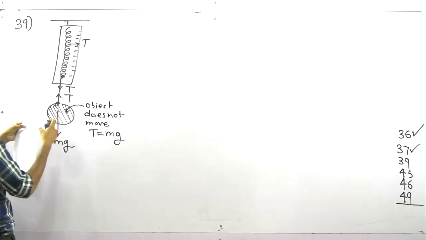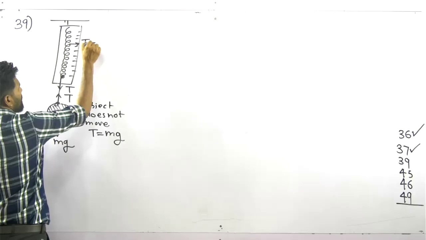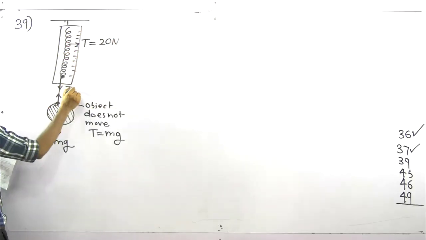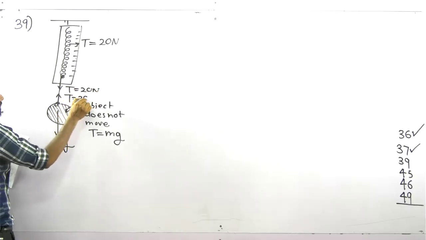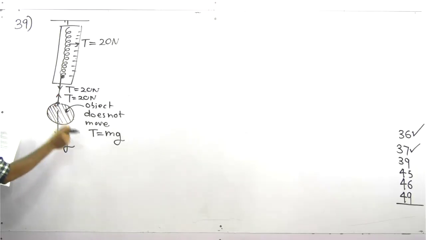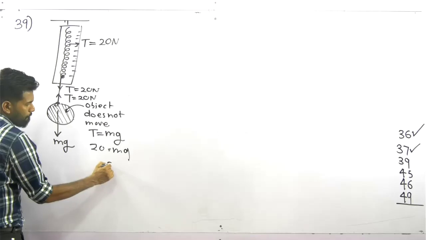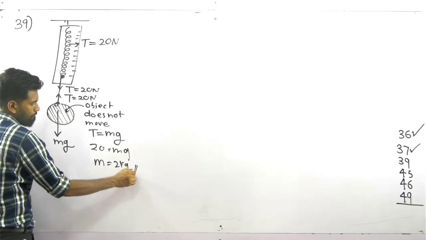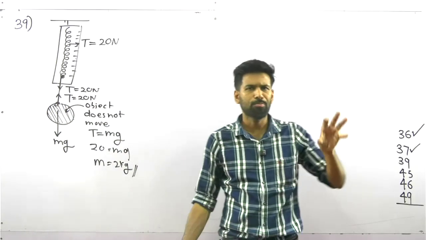So if the reading is 20, that means the pointer shows 20, this tension is 20. So the other side of the tension is also 20. It balances the weight. So 20 is equal to the weight. Mass is 2 kilograms.